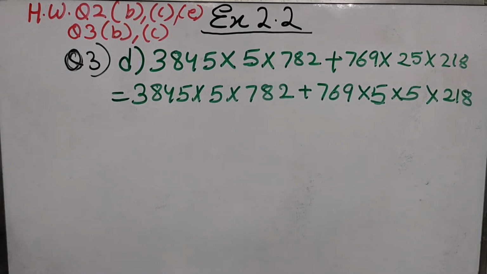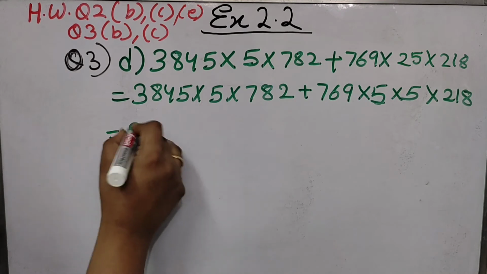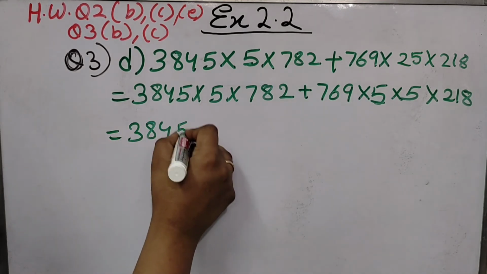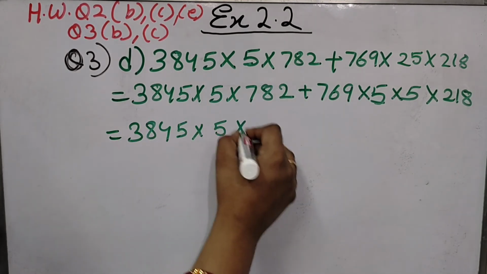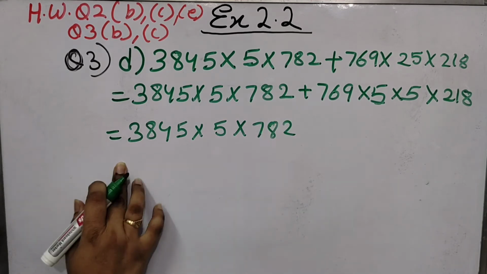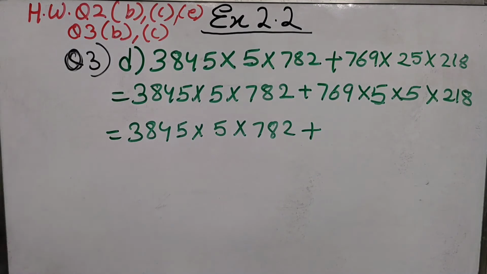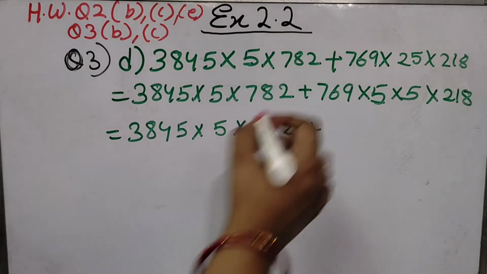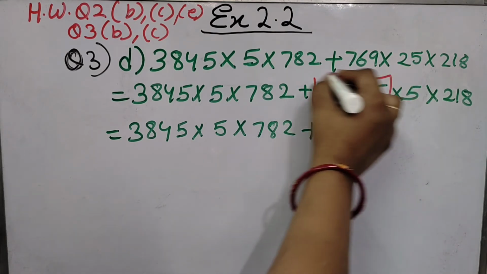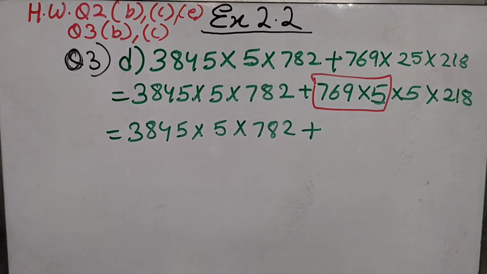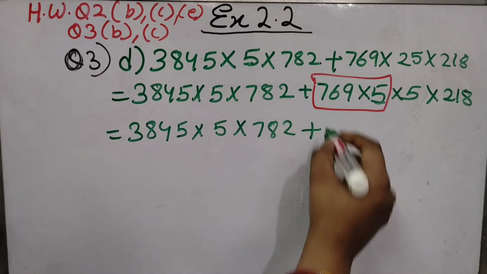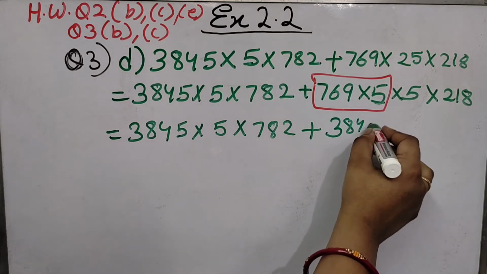So now we have 769 multiplied with 5. When we do this product, we will get 3845. This part is same. Now we multiplied these two numbers, and the answer after multiplying these is 3845.